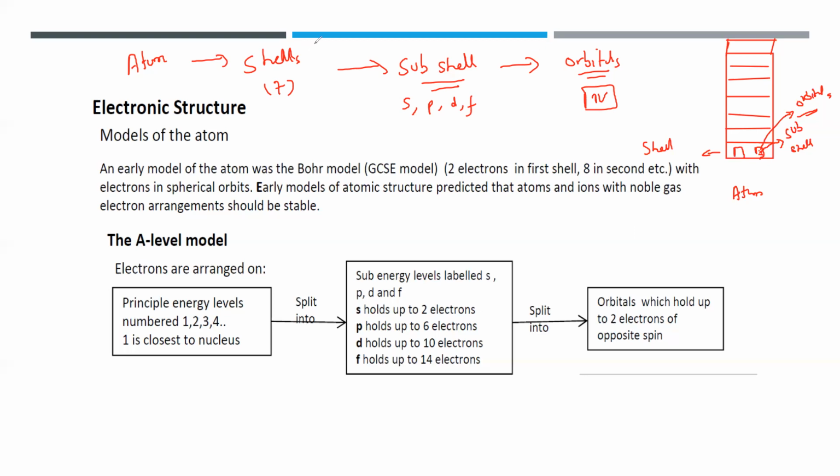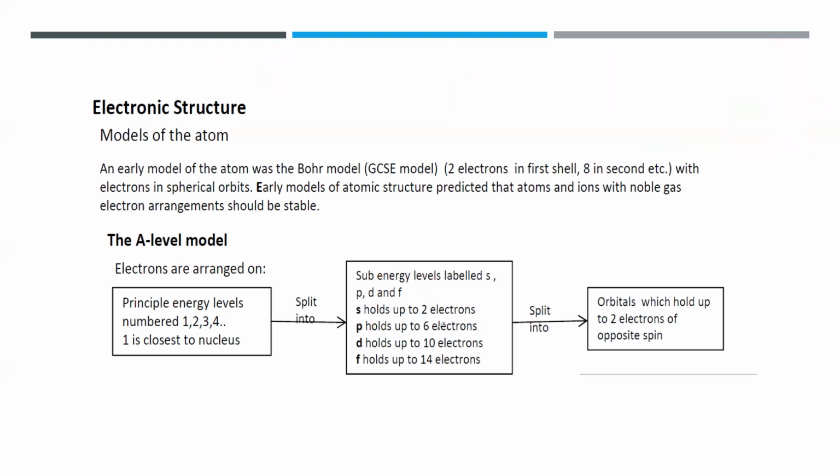About the subshells: the S subshell can hold a maximum of 2 electrons. The P subshell can hold a maximum of 6 electrons. The D subshell can hold a maximum of 10 electrons. The F subshell can hold a maximum of 14 electrons. Each subshell, like the S subshell, which can hold 2 electrons, has only one orbital or one room.